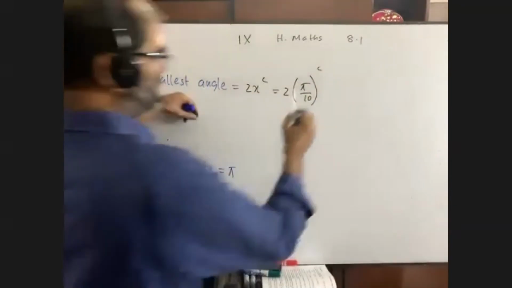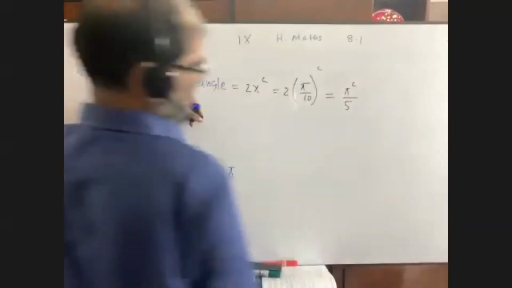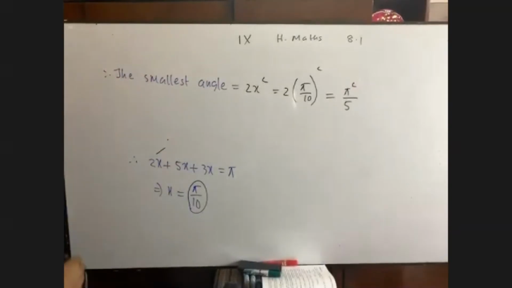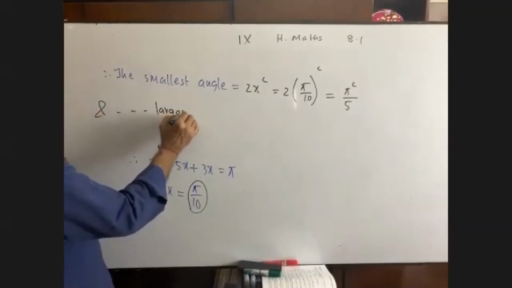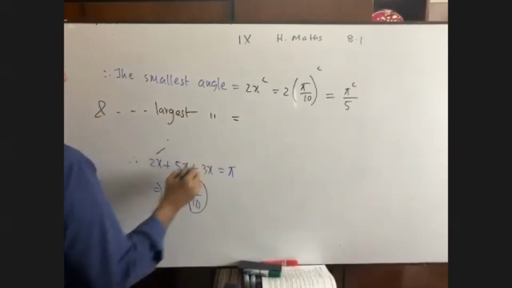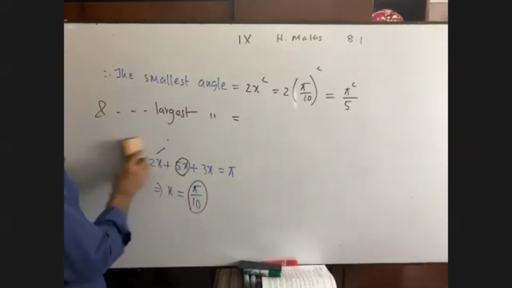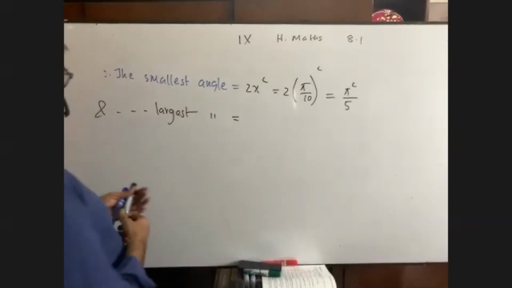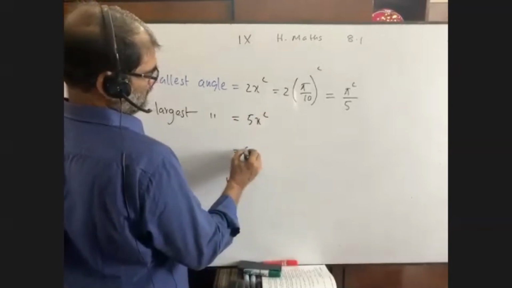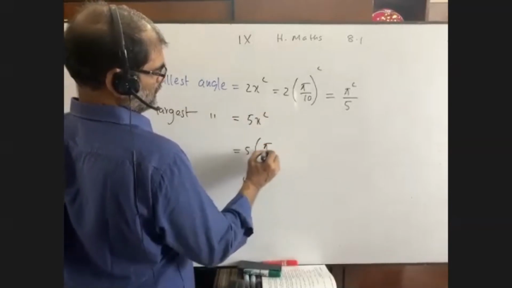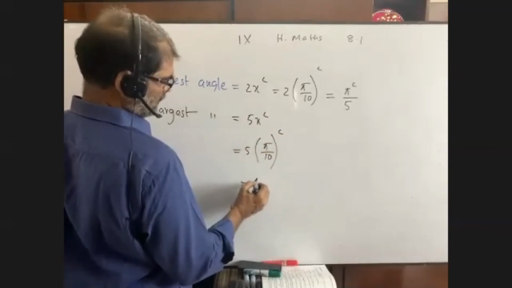So we can write here pi radian by 5. And the largest angle here is what? 5x radian. So we can write down it is 5x radian, 5 into pi by 10 radian. That is pi by 2.